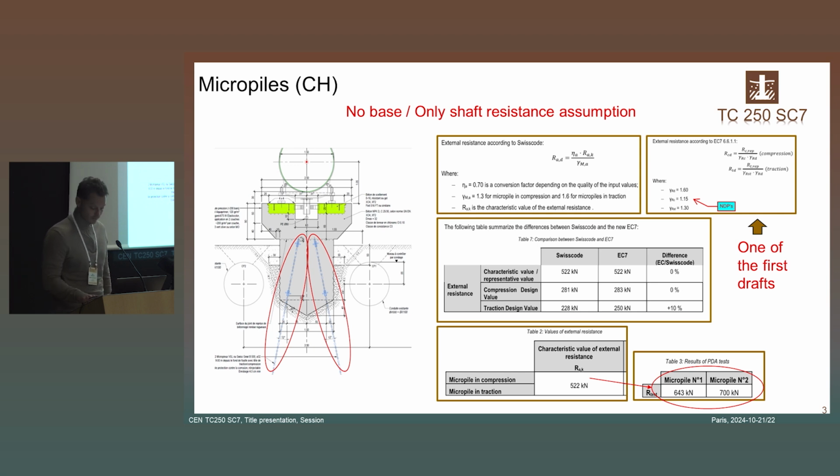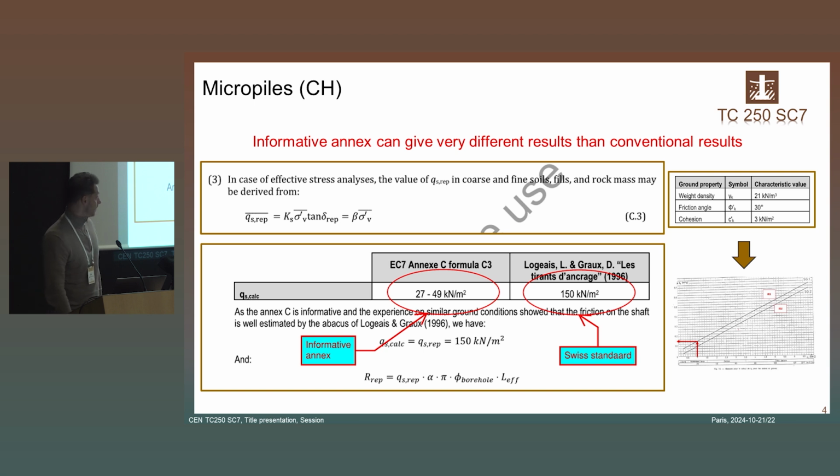The characteristic value was basically from textbook information provided in Switzerland, where, based on the ground conditions, he obtained in this graph directly a representative value for the shaft friction, and he would come up with 150 kilonewtons per square meter, according to a certain Swiss standard.